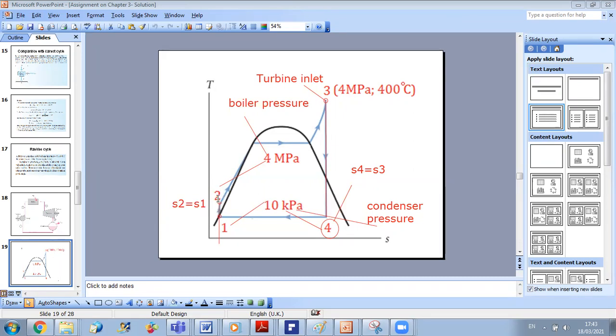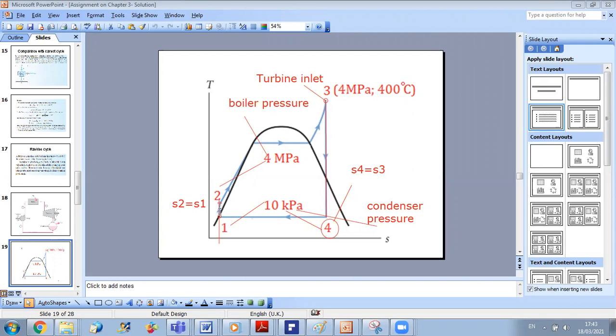Just I want to tell you that point 2 is in the compressed liquid zone, and sometimes in the tables I will not find the characteristics of this point. So in case I don't find in the compressed tables this S2 and this pressure to give me H2, I have another method which is relatively simple.